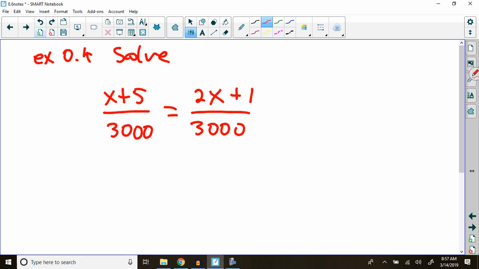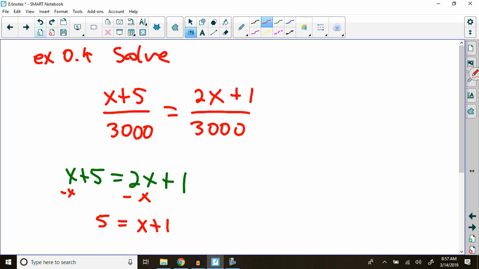No. What smaller equation can I now write? x plus 5 equals 2x plus 1. Awesome. And then when we solve that, I guess we'll subtract x from both sides. So we'll have x plus 1 equals 5. And then we'll go ahead and solve that by subtracting 1 from both sides. And so our solution is that x is equal to, is that going to be 4? Okay.